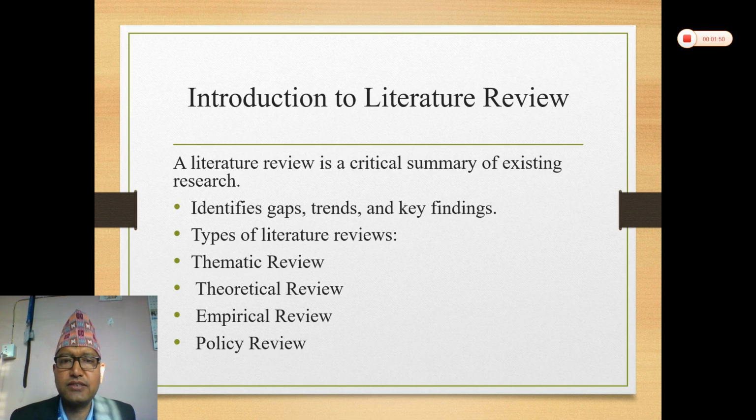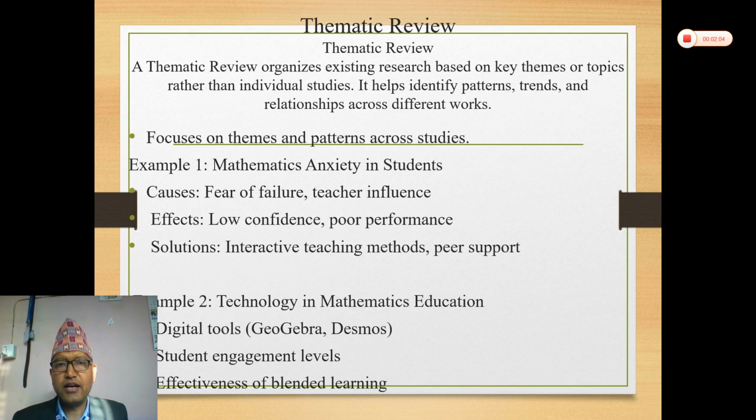There are different types of literature review: thematic review, theoretical review, empirical review, and policy review. I am going to define and give examples of the different types of review. First, thematic review.